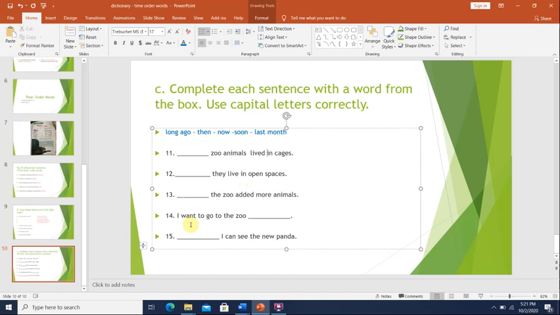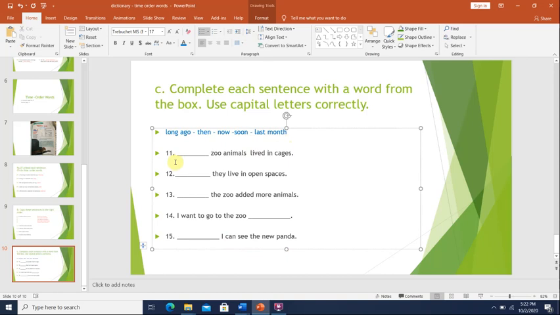Number 14. I want to go to the zoo. 15. Blank, I can see the new panda. Okay. So now that we read each sentence, we will put in the correct time order words to complete it.